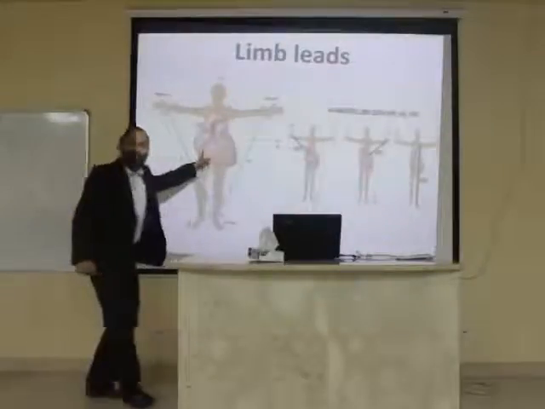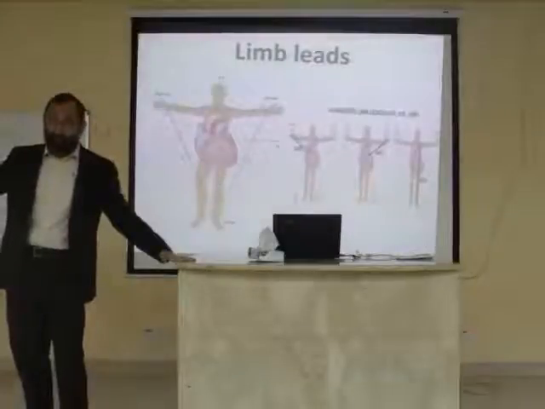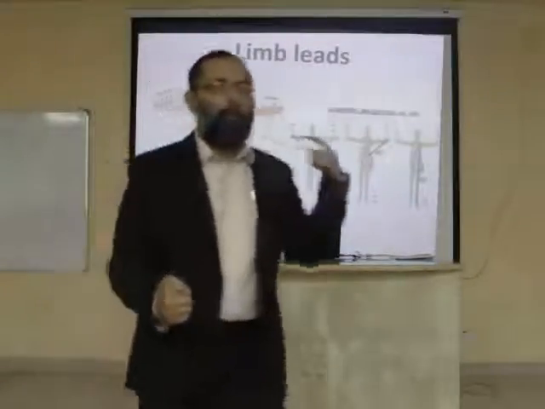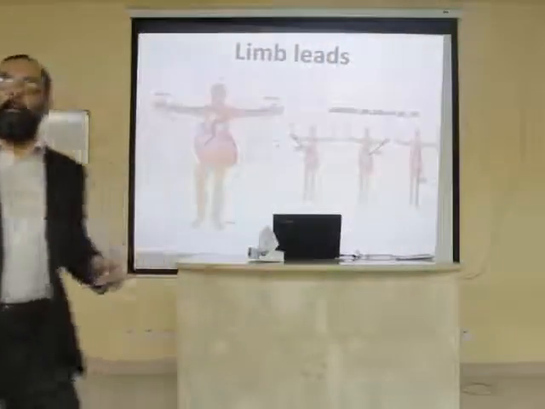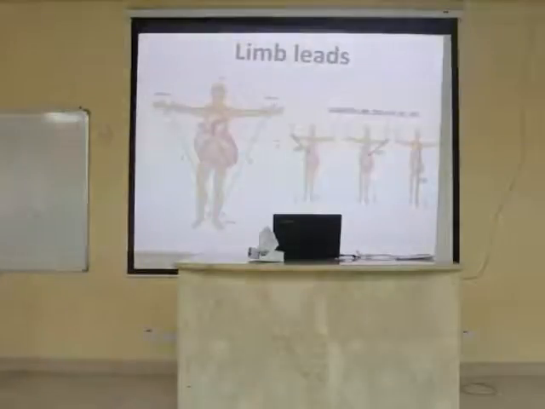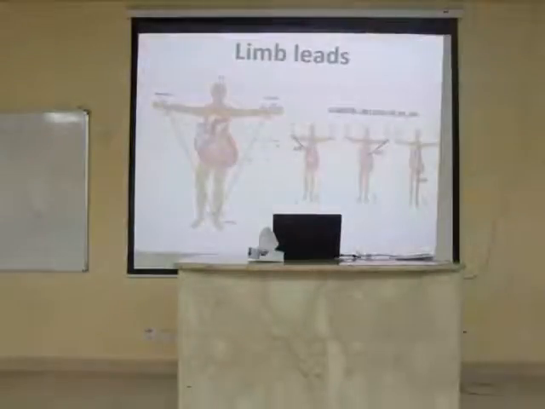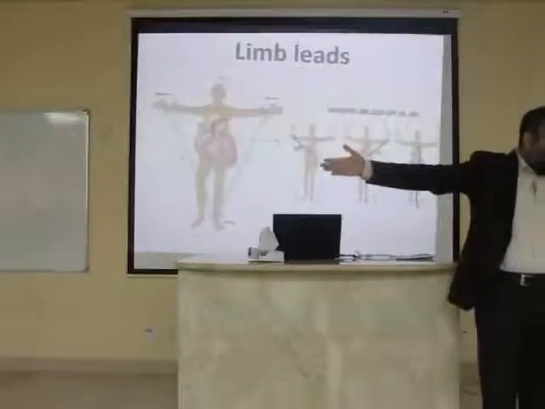In these bipolar limb leads, one terminal is positive and the other terminal is negative. Have a look at lead 1, lead 2 and lead 3. Tell me lead 1. You are looking at the picture and telling me where is the positive terminal and where is the negative terminal for lead 1. Imagine my outstretched hands like this.